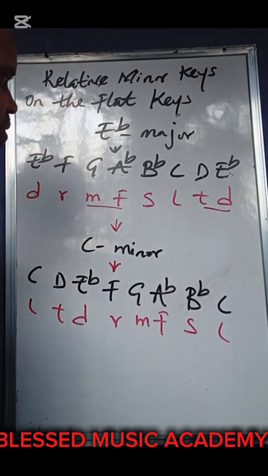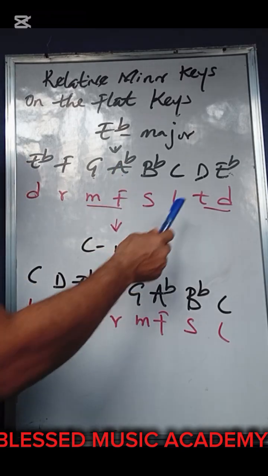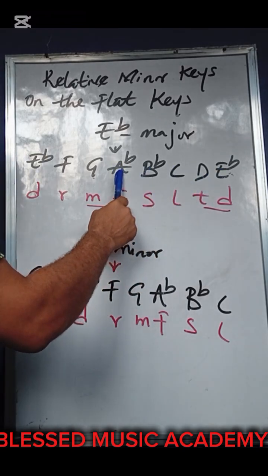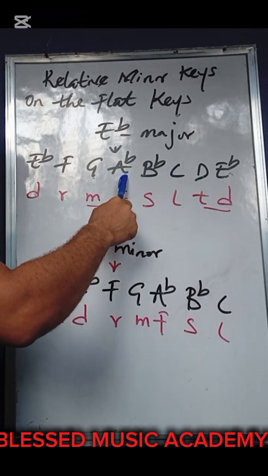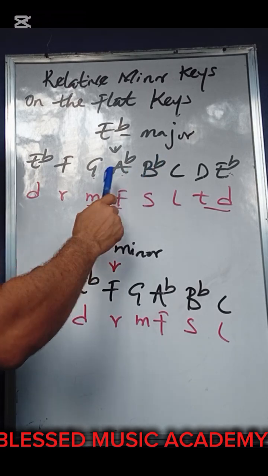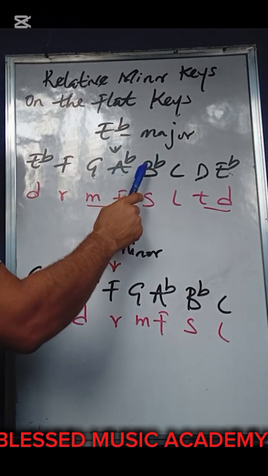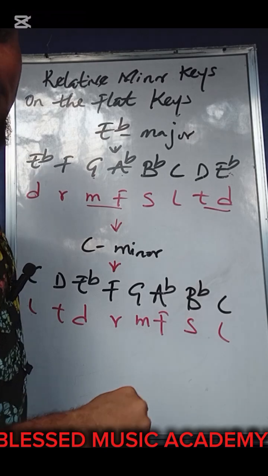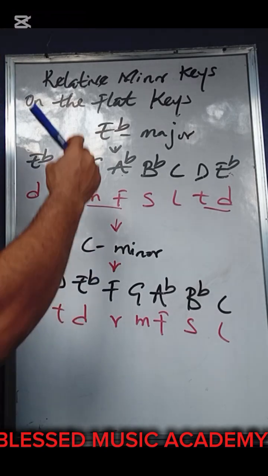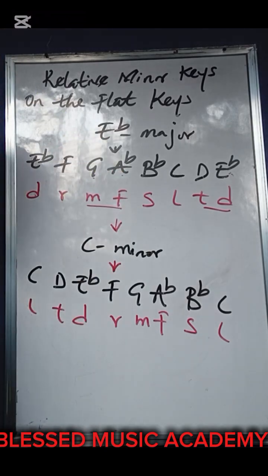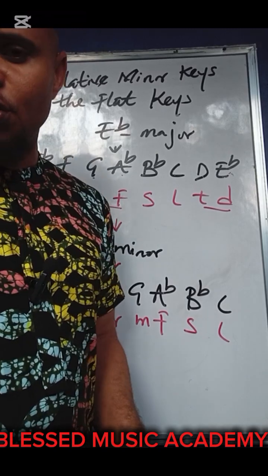Do that by yourself. In A flat major, you have to flatten your E, your A, your B, and then look for the next key to flatten by yourself, and then look for the minor. All right, that is your own assignment.